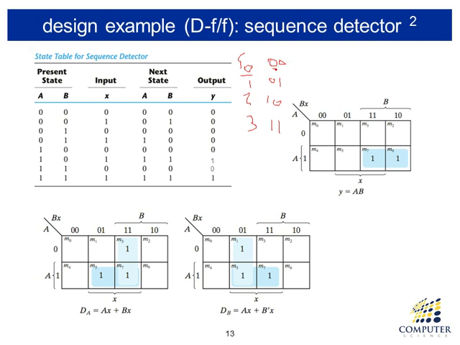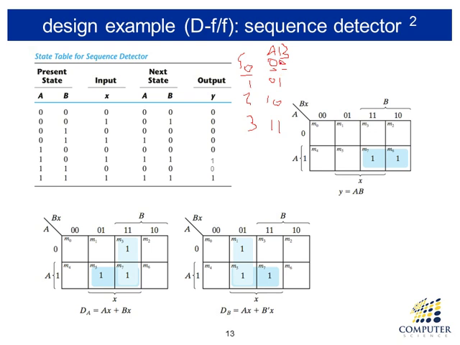Each bit represents a flip-flop. Remember, a flip-flop can memorize one single bit of information, so having two flip-flops, you can represent the four possible values. Let's have flip-flop A and flip-flop B. Flip-flop A represents the first bit, and flip-flop B represents the second bit of the state encoding.